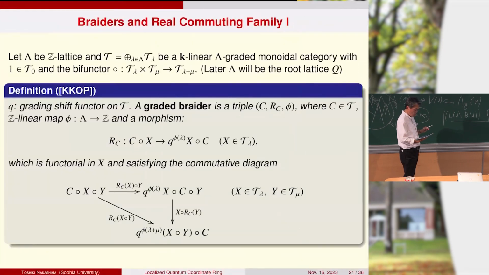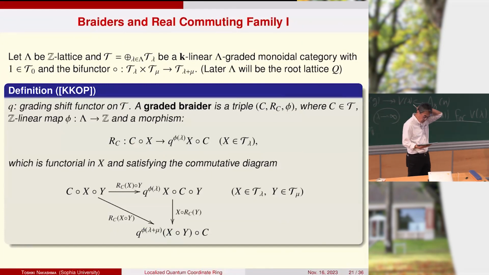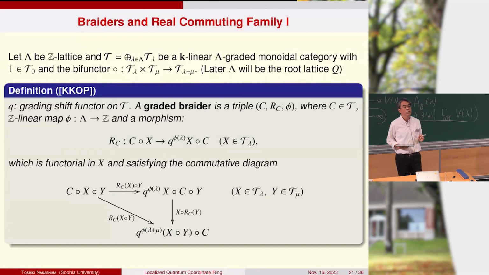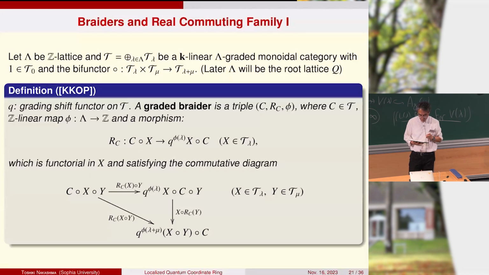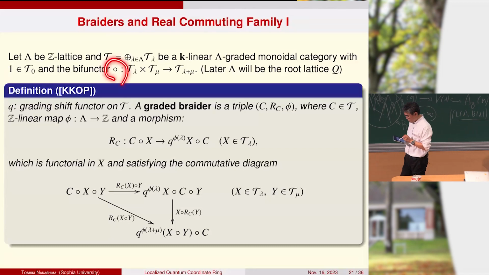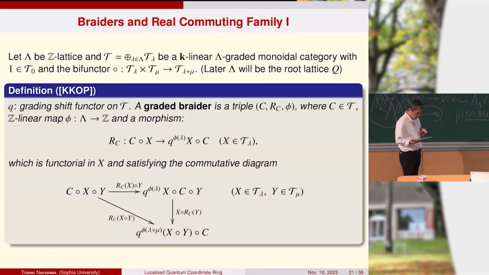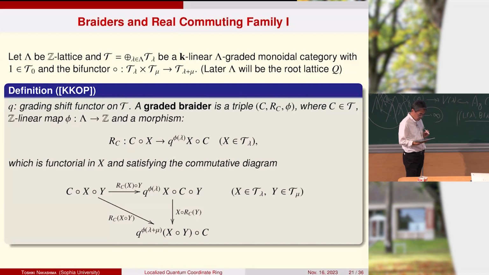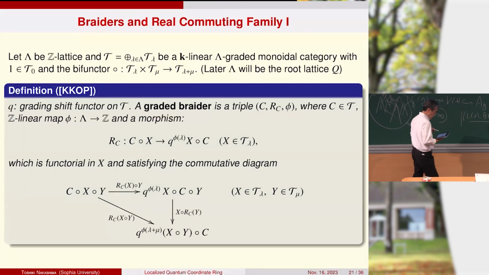Okay, so I don't have so much time. Now we enter the localization of the category. We consider a Z-graded, Lambda is a Z-lattice, so a Lambda-graded monoidal category T. Here is the product, the star bifunctor circle here. First of all, a graded braider is a triple (C, R_C, phi).